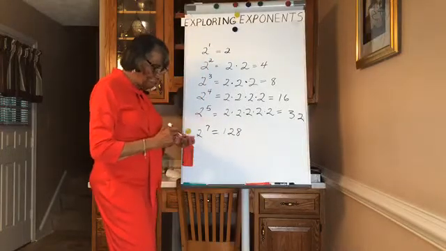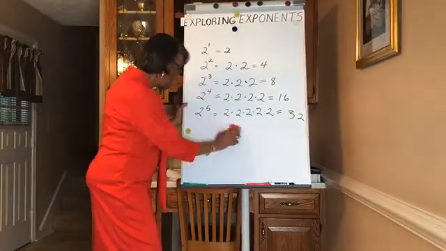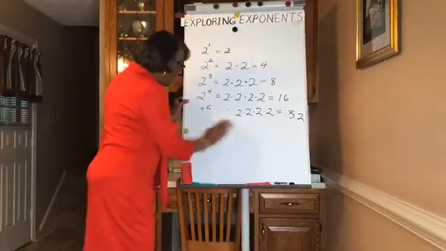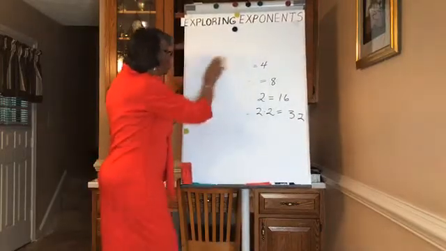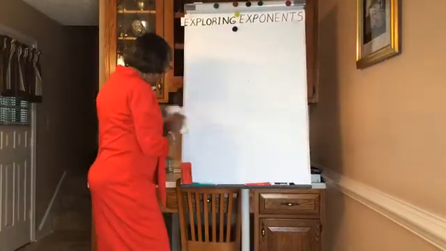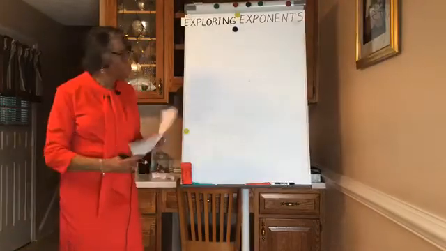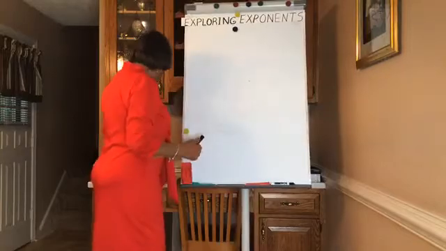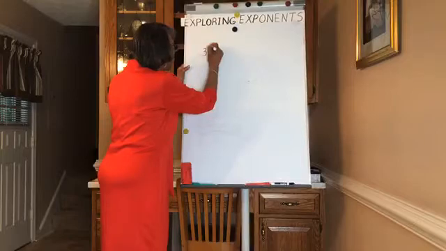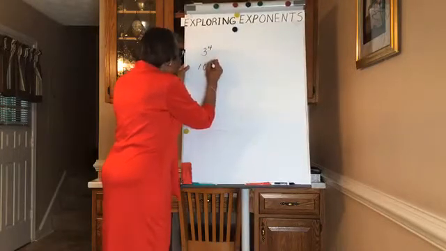All right, let's change our base number. And I'm going to put you to work for a moment. Okay, so let's say 3 to the 4th power. I'm going to skip around a little bit. 10 to the 3rd power.